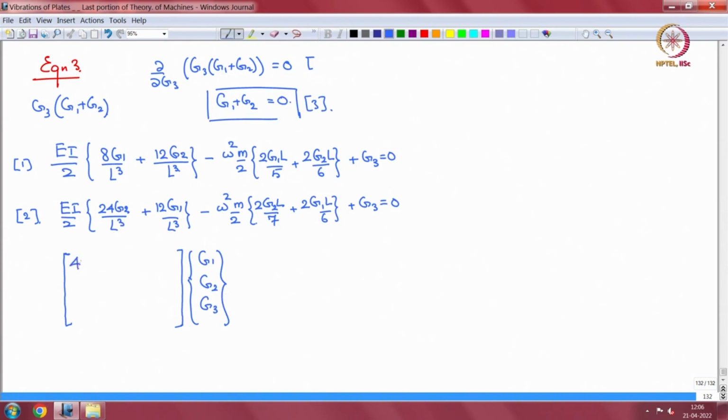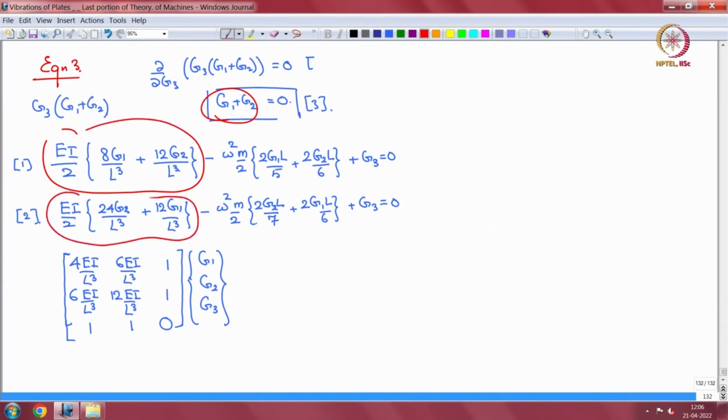Here I have 4 EI by L cube, 6 EI by L cube, 1, 6 EI by L cube, 12 EI by L cube, 1, then 1 1 0. Okay, so these terms have been included. They are without omega square.